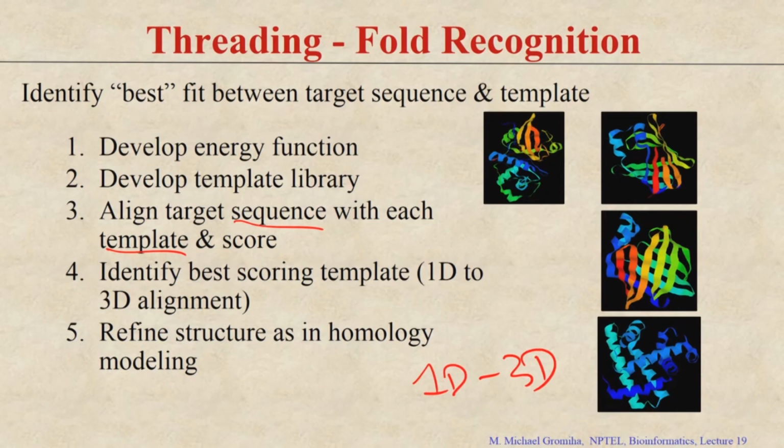The score depends on the statistical potentials, how far the residues are close to each other, or what the environment is based on physical chemical properties, and how about the gaps. Based on that they develop the energy functions and they compare, right. This is the kind of 1D to 3D alignment. Once the fold is set, then they can use homology modeling and energy minimization to refine the structure.